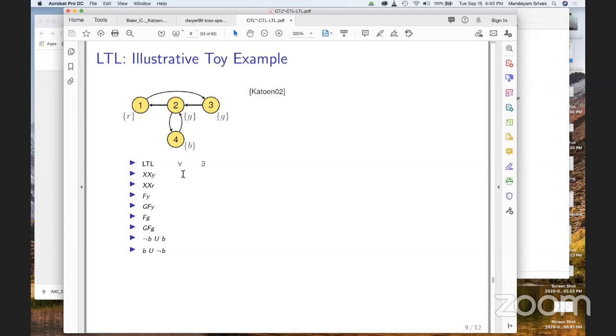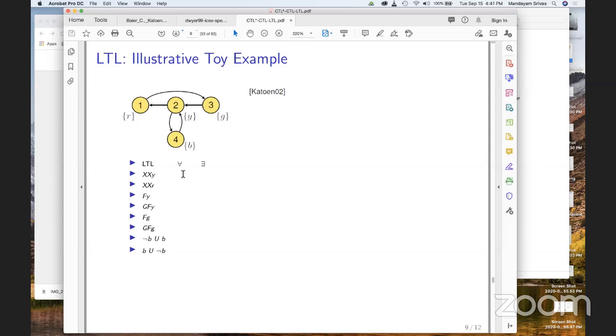And actually, that's the only state for which on every path it is true. Why? What are the paths from 1?